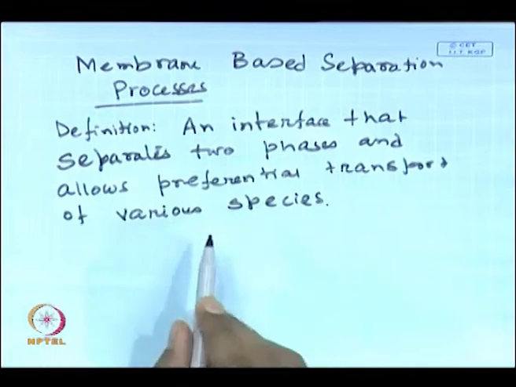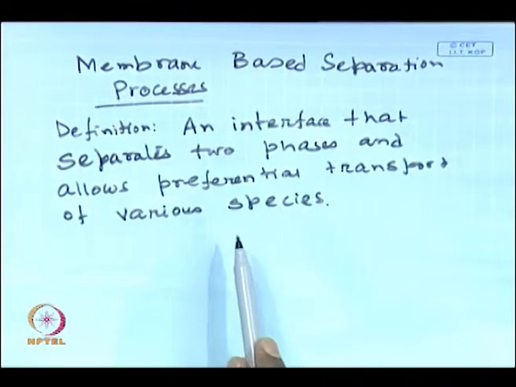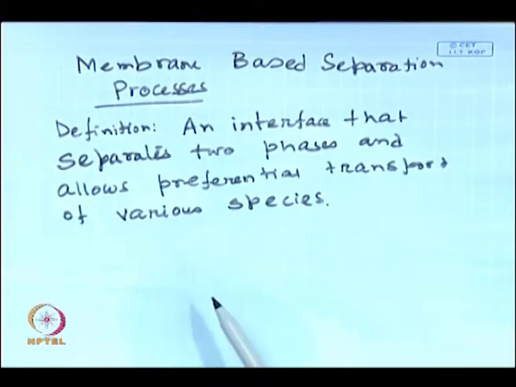So, it is either a polymeric phase or an inorganic phase that separates two phases, and it allows a preferential transport of a particular species through it. Therefore, that causes the separation.